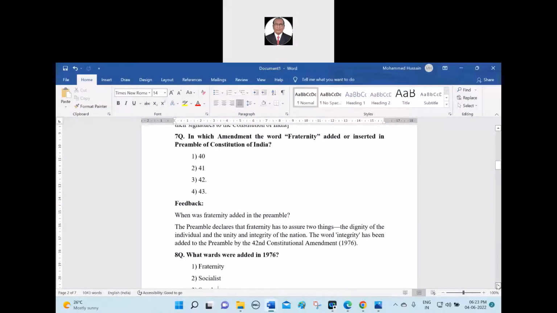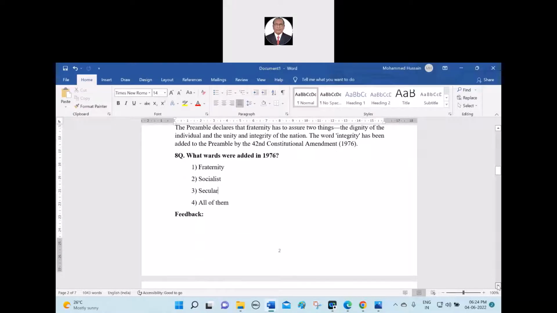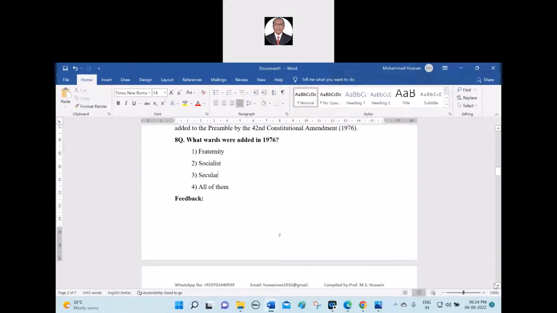It is the 1976 amendment. The preamble declares that fraternity has to assure two things: the dignity of the individual and the unity and integrity of the nation. The word integrity has been added to the preamble by the 42nd Constitution Amendment 1976. Now, I read the answer, otherwise I would have to write it.